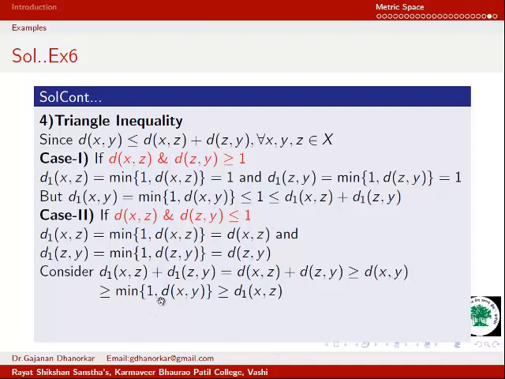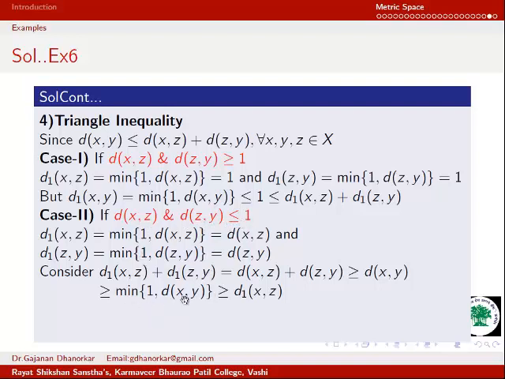Now d of xy is greater than or equal to the minimum of 1 comma d of xy. Again, why is this greater than or equal to? Because we have taken these two conditions.